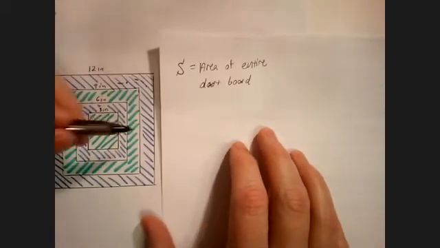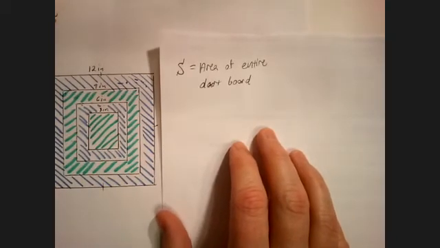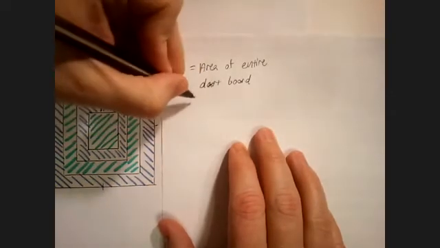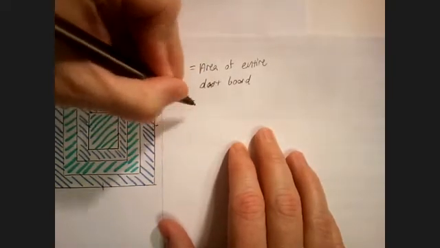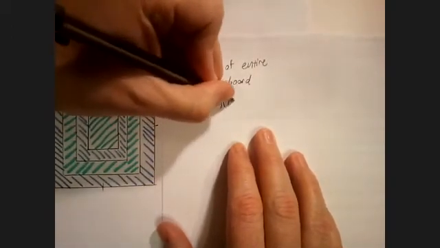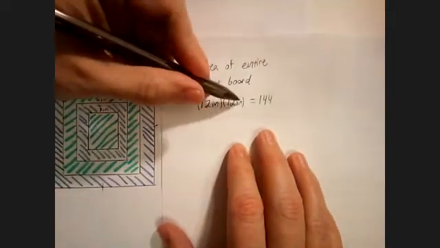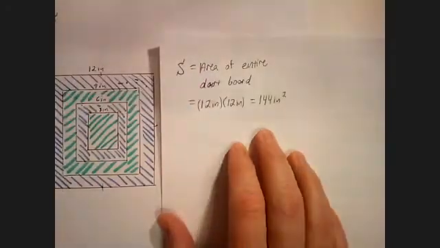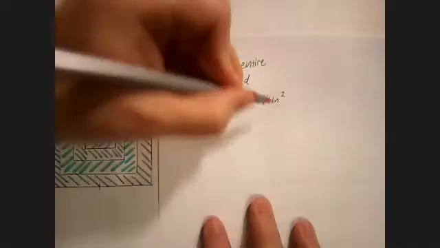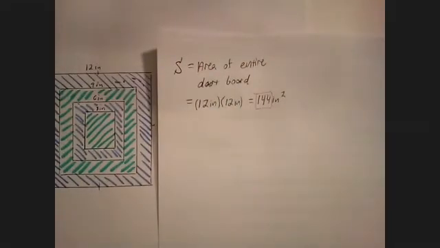This is a square. Each of these are squares. And so the area of a square is side times side. So the area of this thing is 12 inches times 12 inches, which is 144 inches squared. Now I don't really need the inches squared. You could just think about it with these numbers, because at the end of the day, that's all that's going to matter.